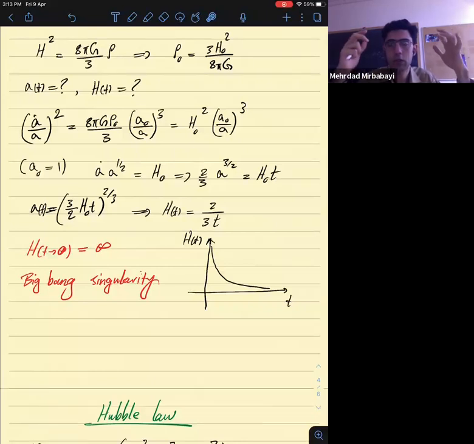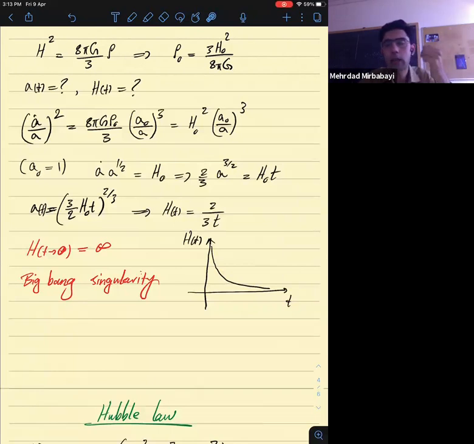So the way to think about this is there is an initial explosion, and then with time the expansion slows down. Okay, so this is a simple FRW model. It starts from a singularity and then it expands.